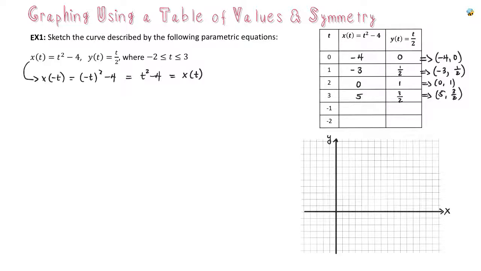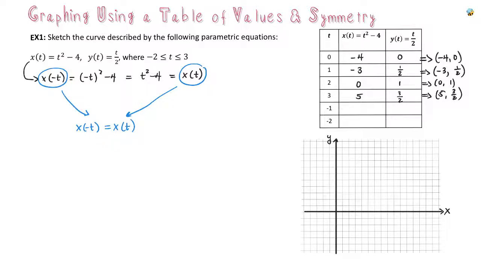So x of negative t is equal to x of t. So the x values are the same for negative t and positive t.